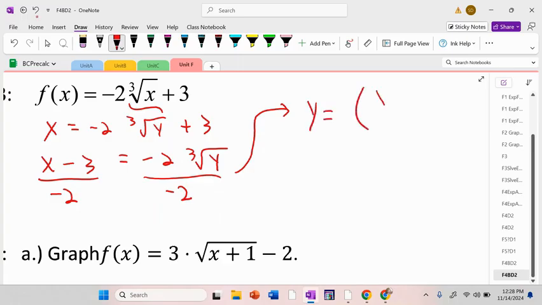Cube it. So if this was written, we found that they don't care if you just leave this like this. We found that out at the end of the year last year when we were building up to the AP exam. Although this is like -1/2 times this. I'm trying to sneak that negative in there.